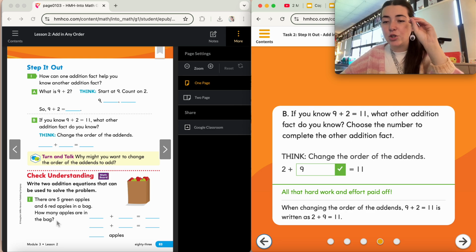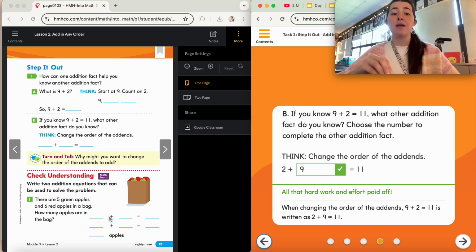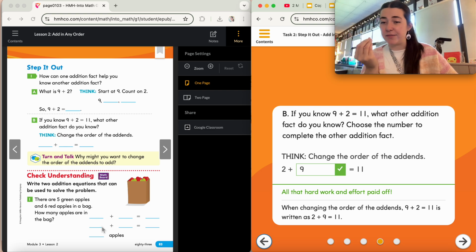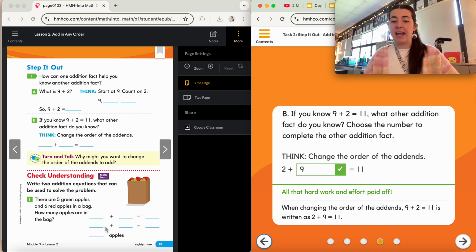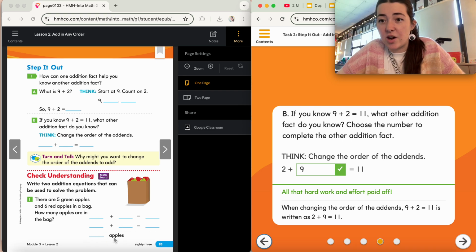Your add-ins need to trade spots in line, but you need to figure out how many there are altogether. So you're going to write blank plus blank equals blank. Trade those add-ins so they're in different spots in line. Blank plus blank equals blank. And then down here you need to write how many apples there are all together.